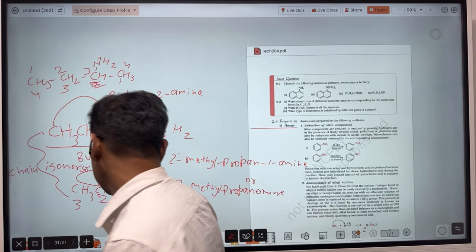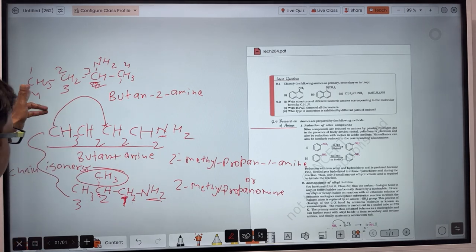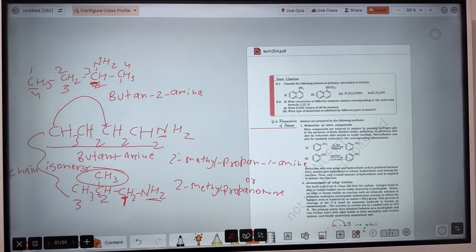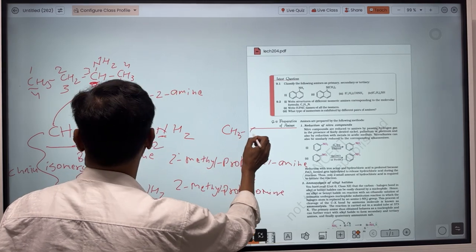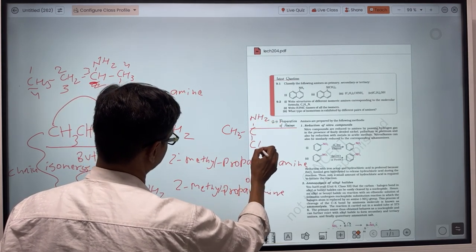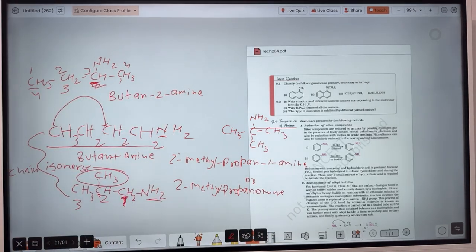Okay guys, now let's see the next isomers. That was about 1 degree amine, that was the classification here. Now this methyl group may also get bonded to this carbon. So what will be the IUPAC name? That will be this one.